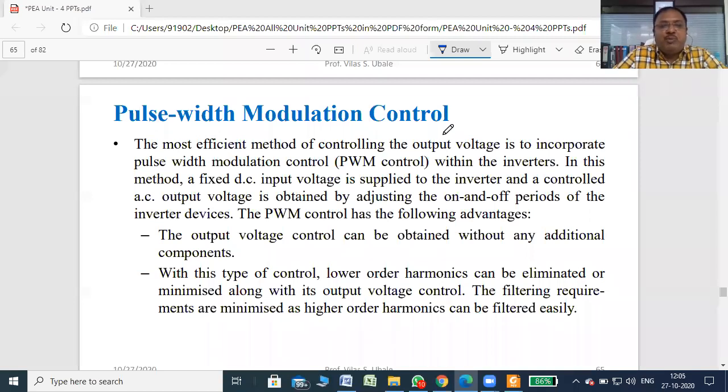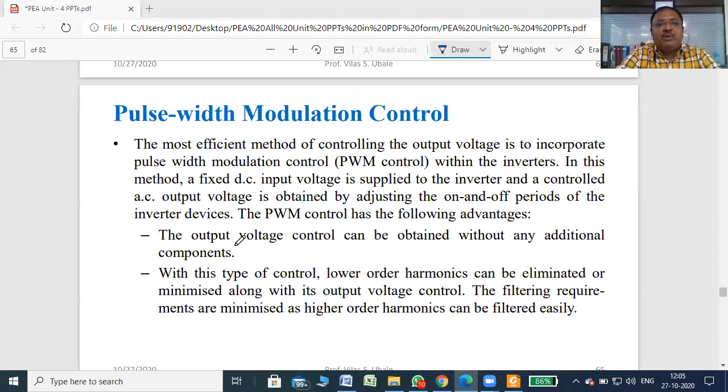The most efficient method of controlling the output voltage is to incorporate pulse width modulation control within the inverter. In this method, a fixed DC input voltage is supplied to the inverter and controlled AC output voltage is obtained by simply adjusting the on and off period of the inverter device.